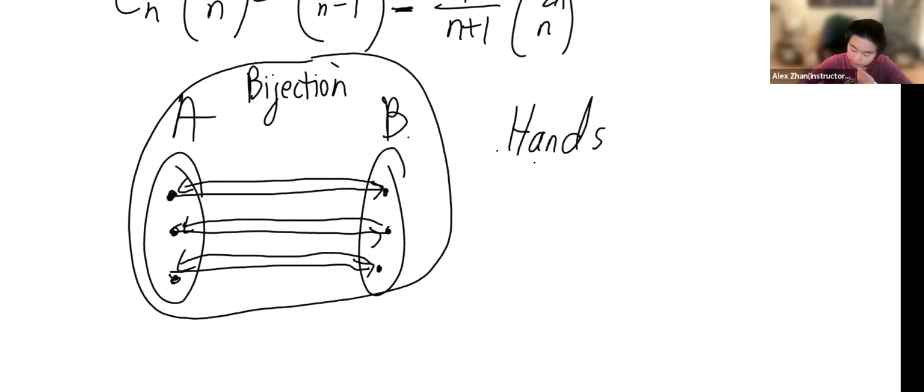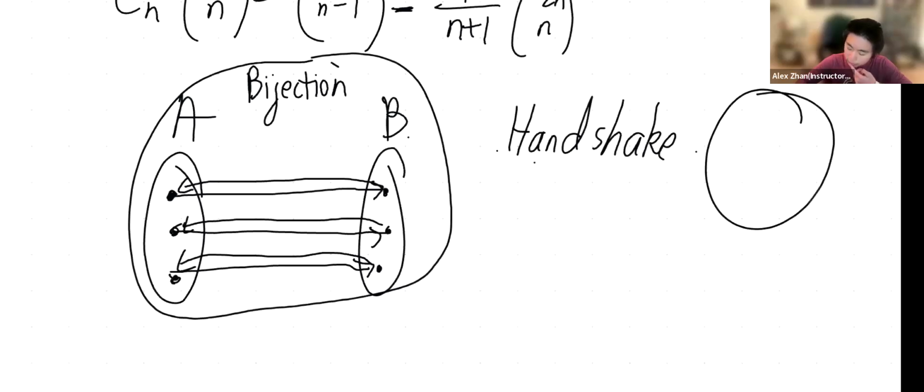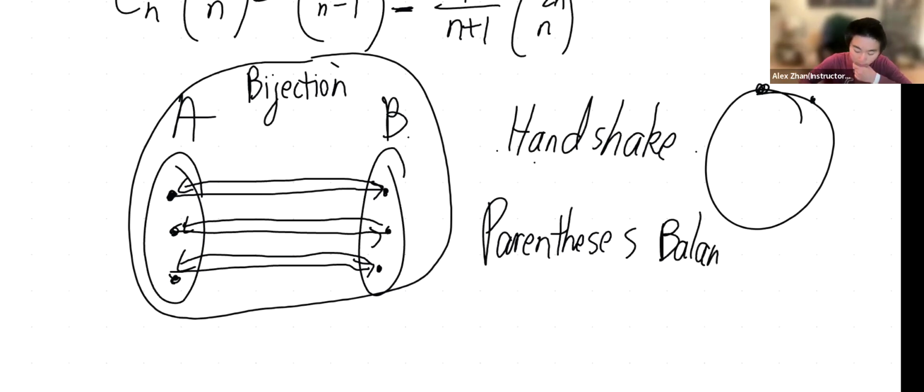Handshake problem is when we have 2n people around the table and the number of ways for them to handshake such that no handshakes cross. And then there's also the one about balancing parentheses. These are some of the most common Catalan problems. But I think we can talk about those later.